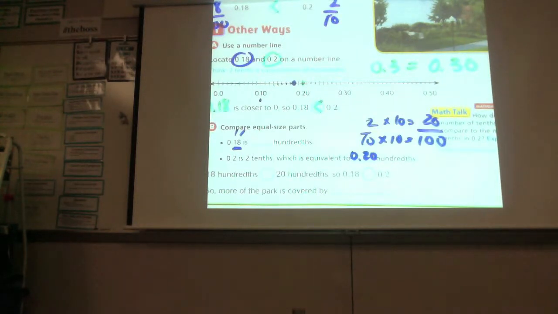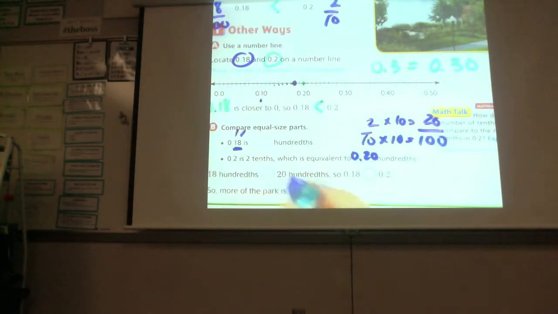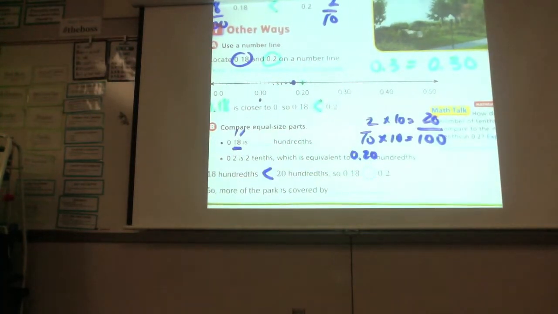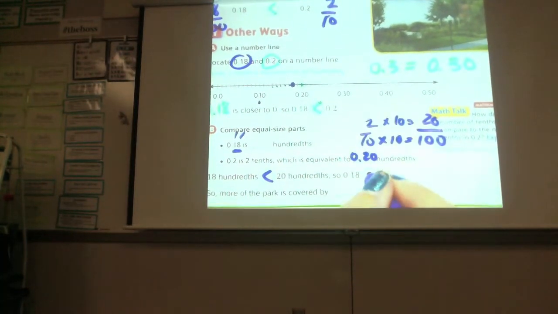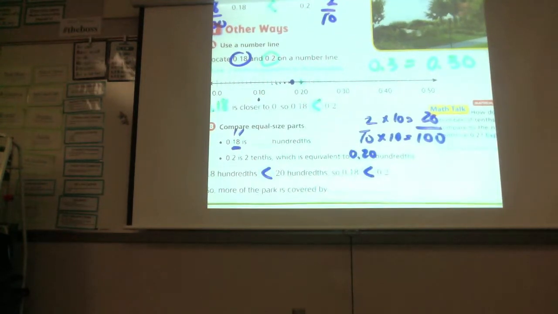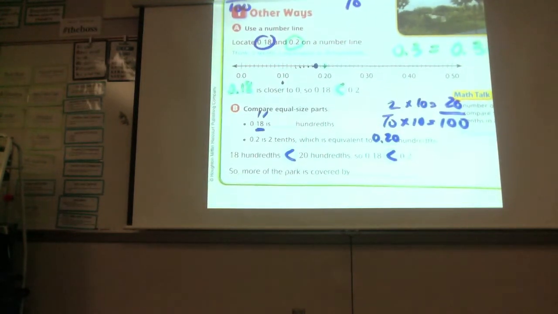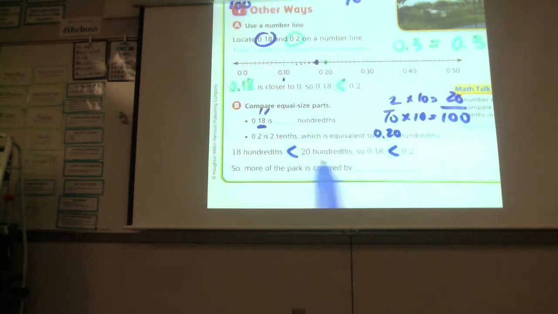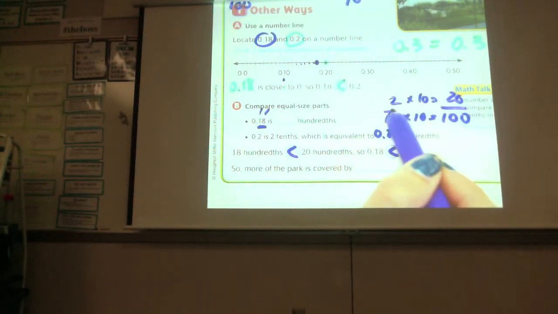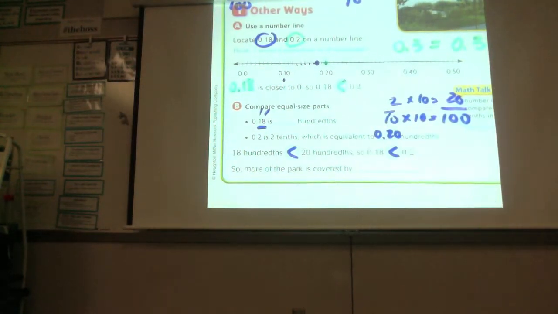When you compare 18 and 20, do you know which one is greater? Yes, you do. 18 hundredths is less than 20 hundredths, so 18 hundredths is less than 2 tenths. So it goes in 1. You can change the tenths to hundredths by adding a 0, because we multiplied by 10.